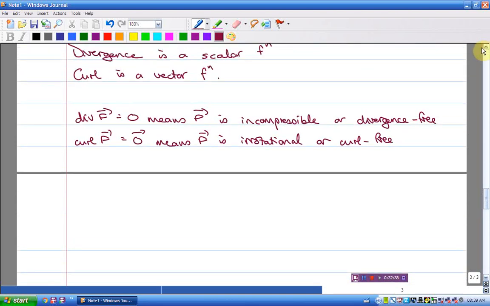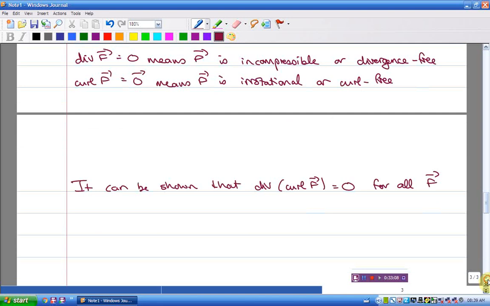Okay, what else have I got here? It can be shown, this is kind of like a little cute fact, it's not hard to show, div of curl f equals 0 for all f. Doesn't matter what f is, you work out its curl and then you work out the divergence of the curl, you get 0. It's kind of like a cute fact. Don't think it's particularly important.